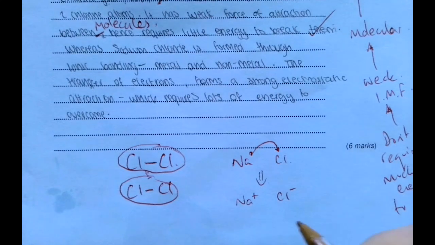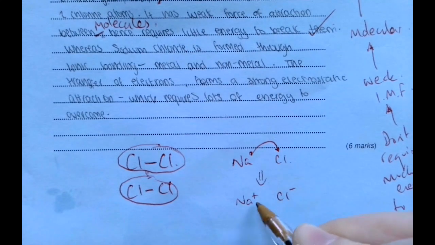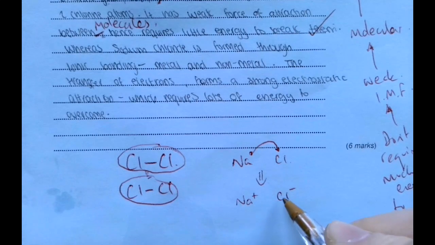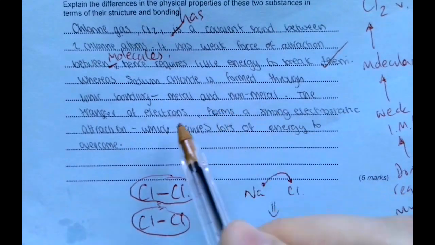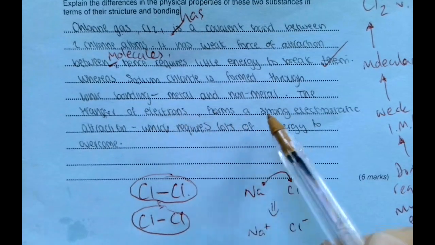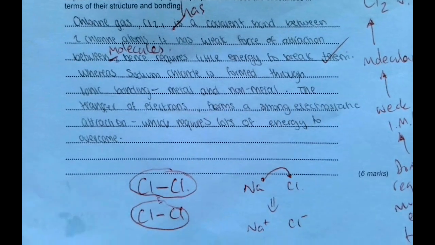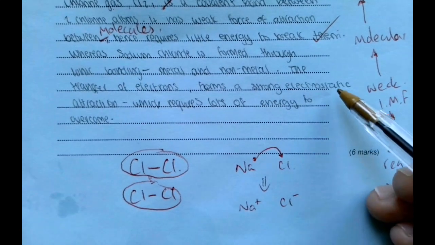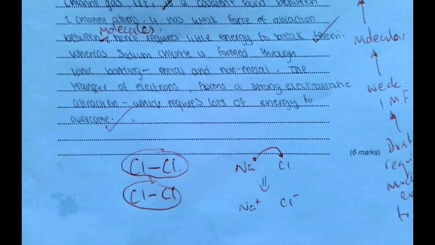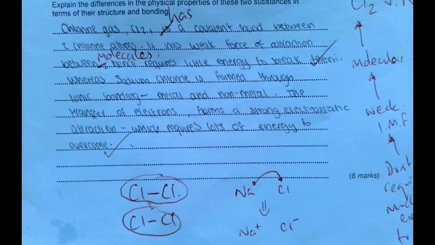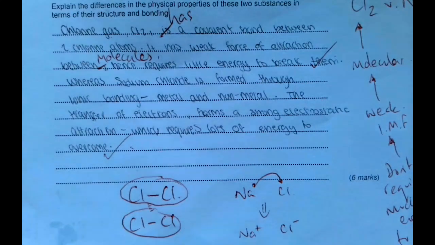And now there is a strong electrostatic attraction because they are oppositely charged ions. So I don't like this wording. It's the oppositely charged ions which cause the strong electrostatic attraction. But it does require a lot of energy to overcome. Alright, so on the right lines, but could do with a little bit of work.